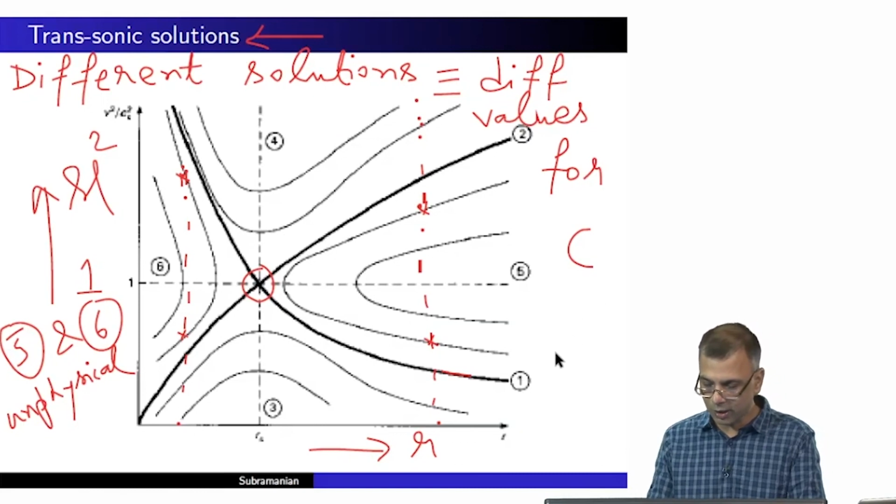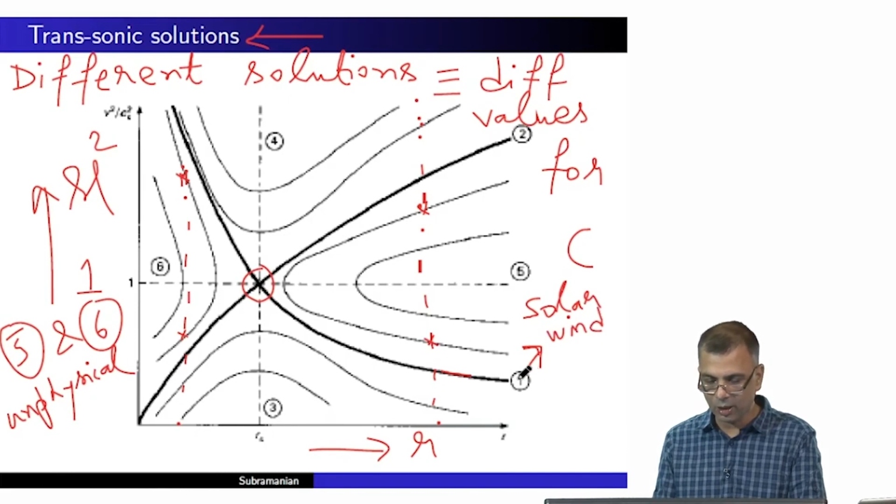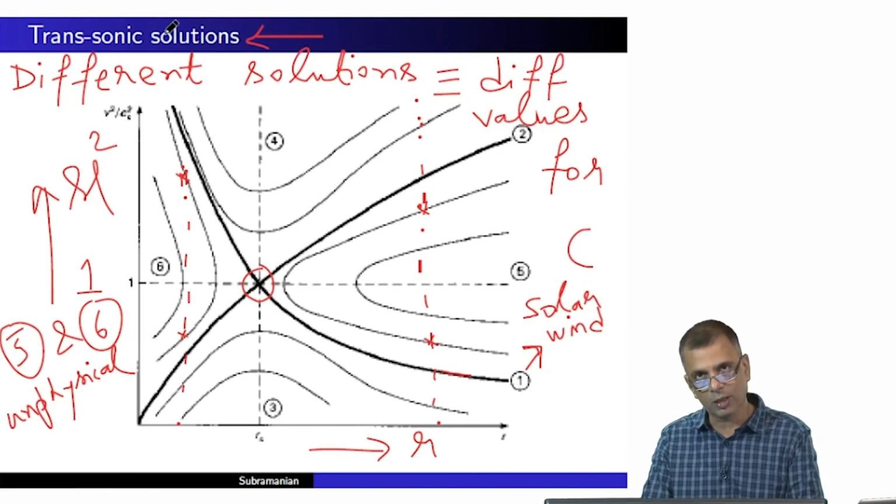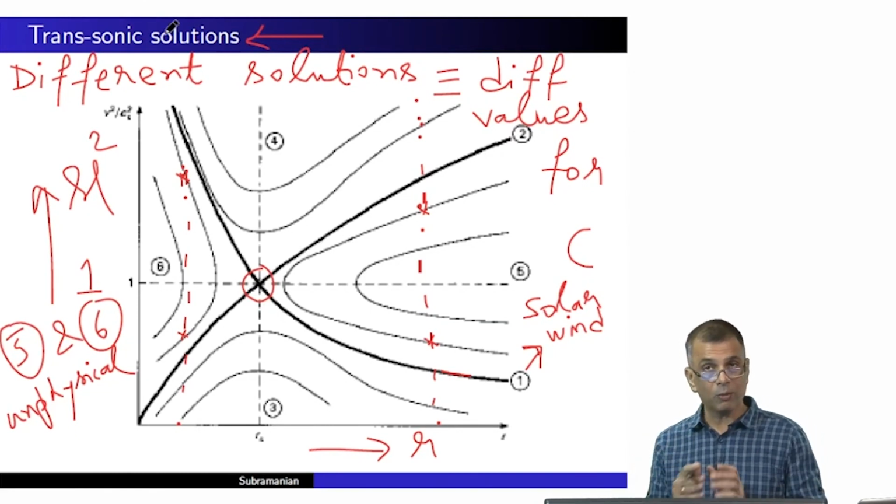So, solutions of the kind 1 would correspond to, say, the solar wind. Solutions that start out subsonic, pass through the sonic point and go on to become supersonic. Except we are talking about outflows here.